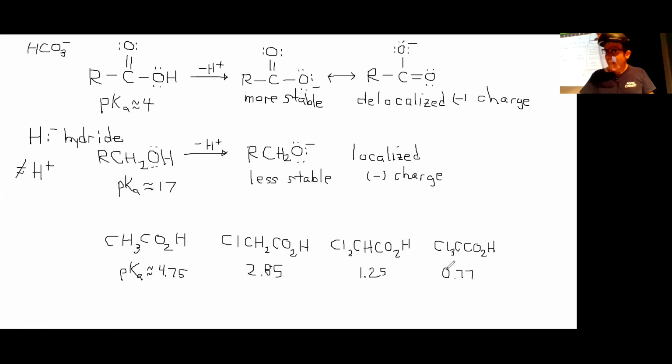All this is to say that structural effects on acidity are common, and they can usually be explained by resonance or the inductive effect. In this case, it's going to be the inductive effect, because you're withdrawing more of the electron density away from that carboxylate group towards those electronegative chlorine atoms.